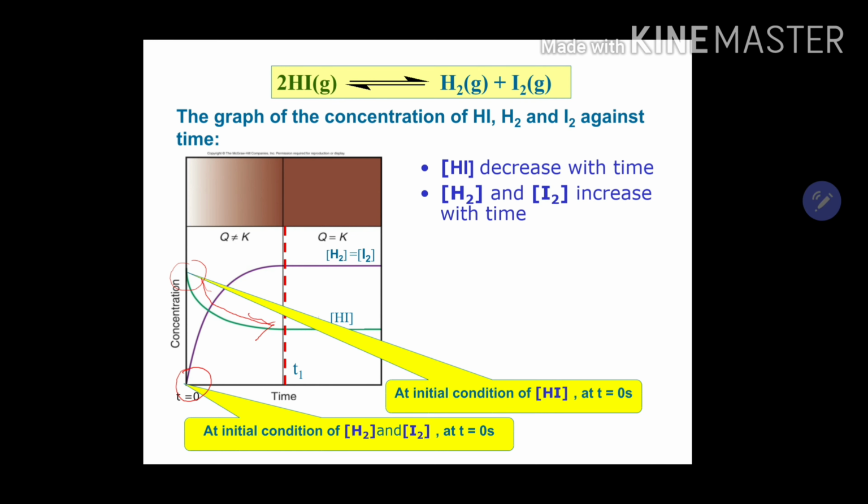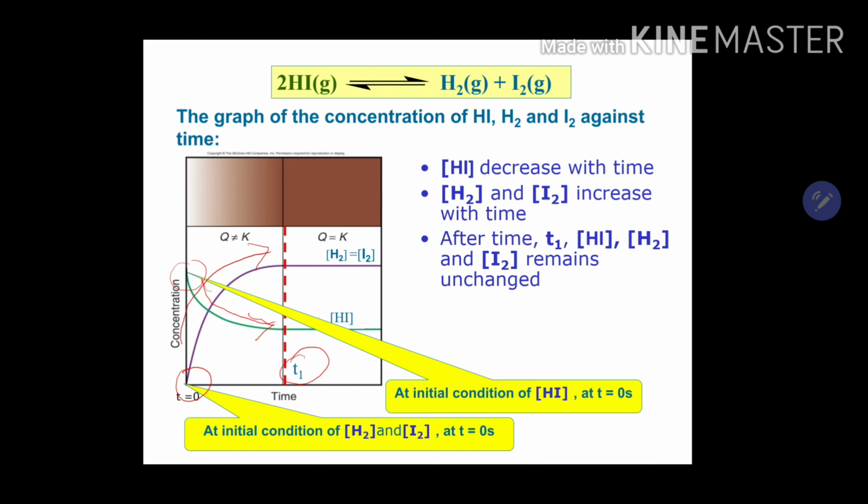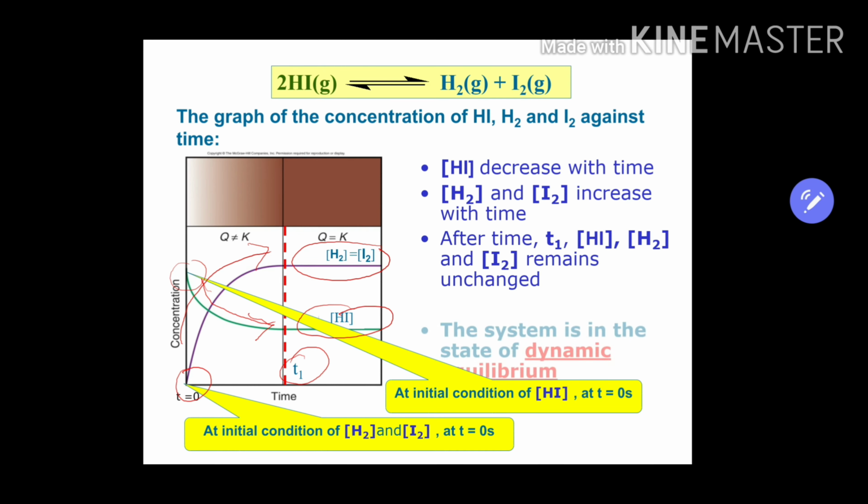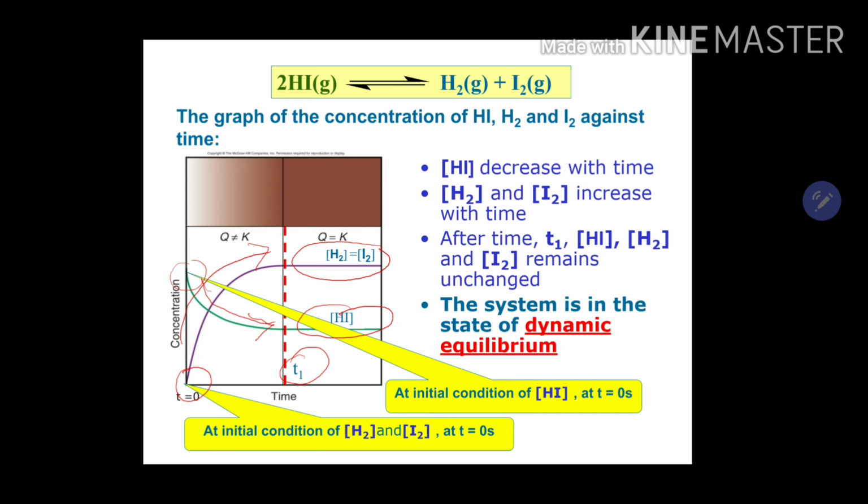The concentration of hydrogen gas and iodine gas increases with time. But after time T1, the concentrations of hydrogen iodide, hydrogen gas and iodine gas remain unchanged. The system is in the state of dynamic equilibrium.